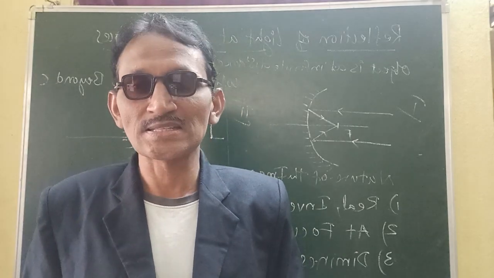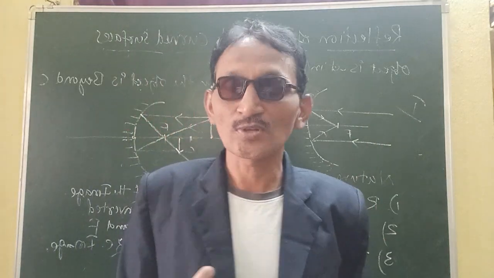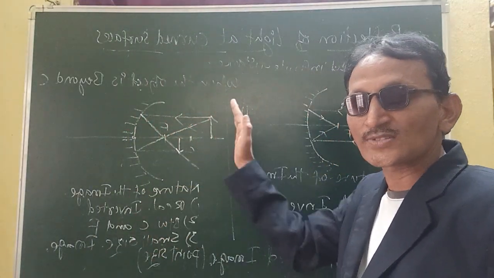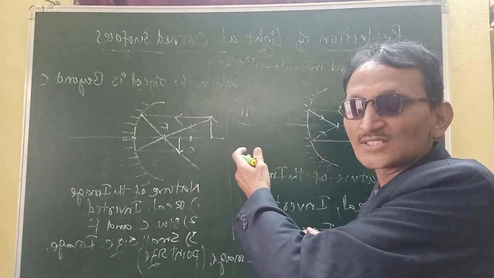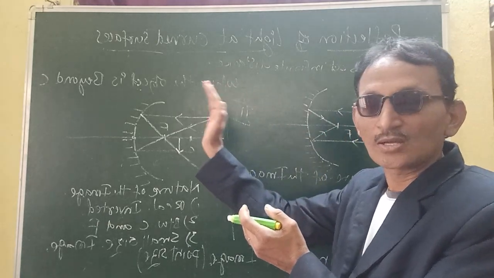It is small in size. Now the size has been increased when compared to the point size. So in the second condition, as the object is approaching towards the mirror, the image is shifting away from the mirror.